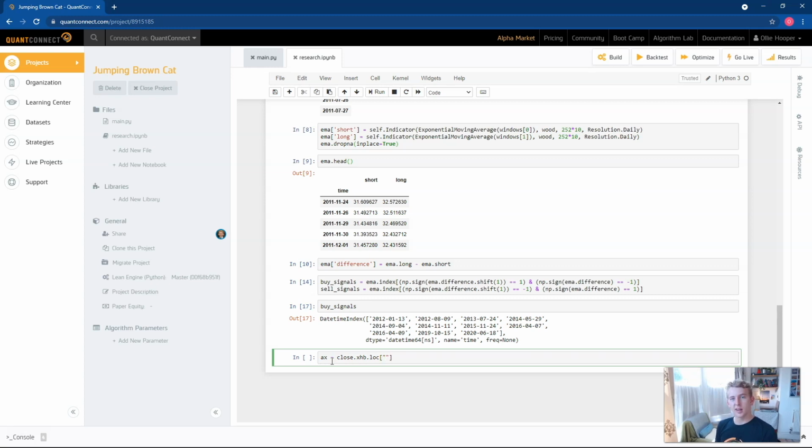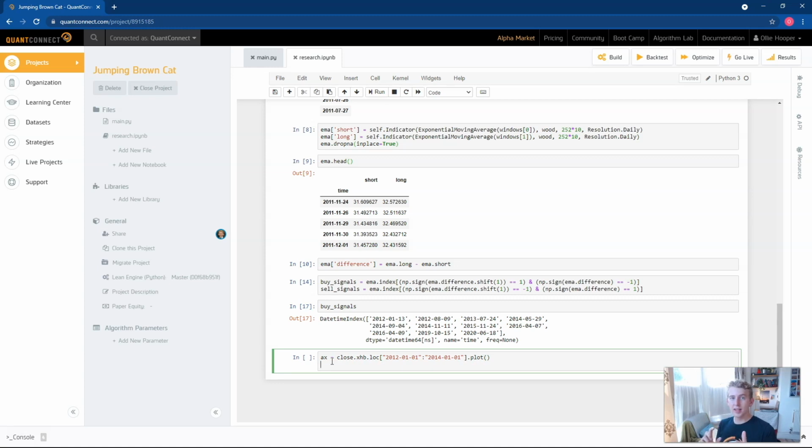So let's say that our date range, we're going to take a 2-year period of 2012 to 2014. So 2012 0101, and I'm going to take that through to 2014, and that's going to be plot. There you go, so that's our first axis done, the close price.